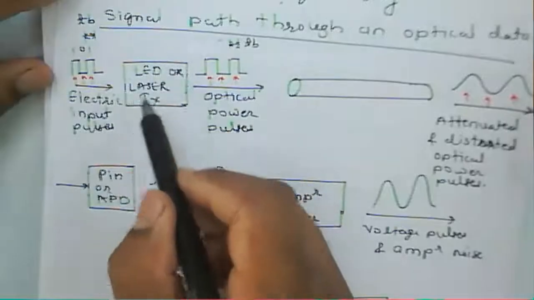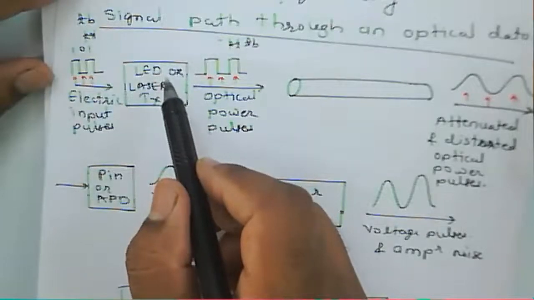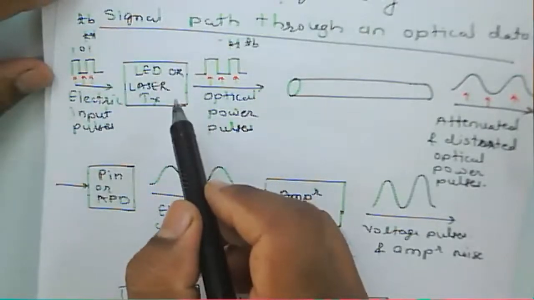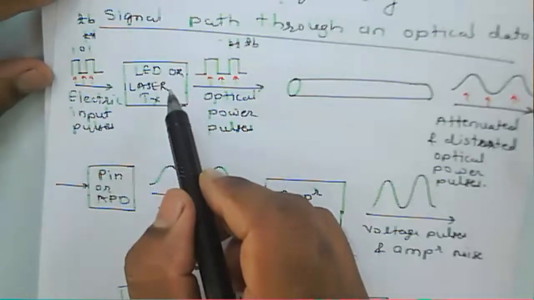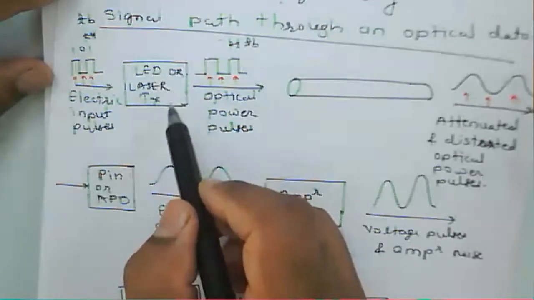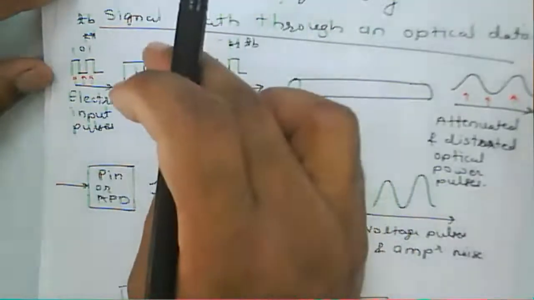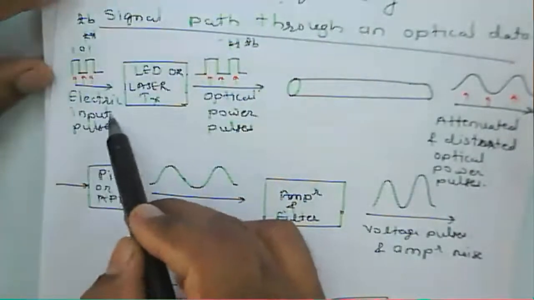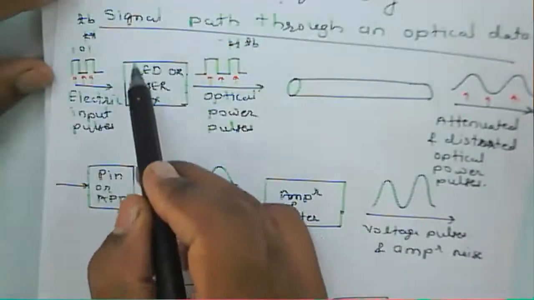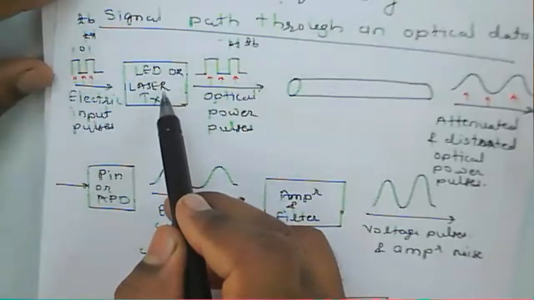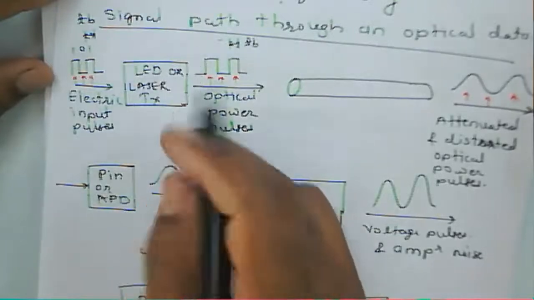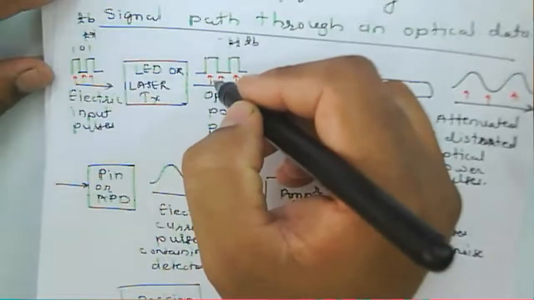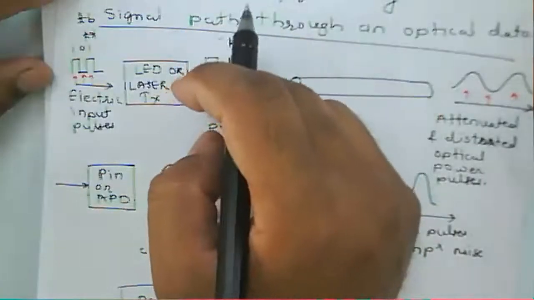And then the source will convert it, and your output will be in the form of a current. Whatever the electric input pulses we have, according to that an electron and hole pair is bonded here, and so a photon of energy is generated.